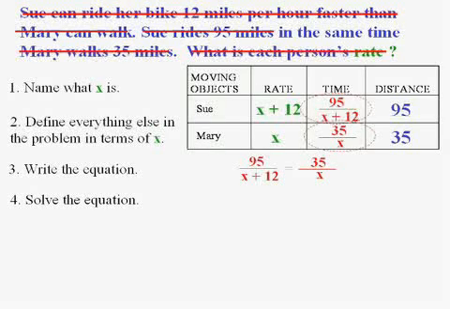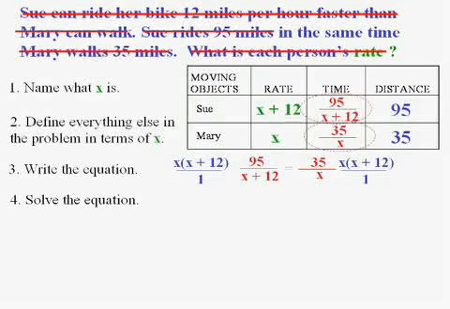Now we're going to have to solve the equation. I hope you remembered what the secret to solving equations that have fractions in them is. We're going to multiply both sides by the least common denominator. And the least common denominator in this case is x times x plus 12, because I'm not going to be able to cancel things that are added, so I need that other x.